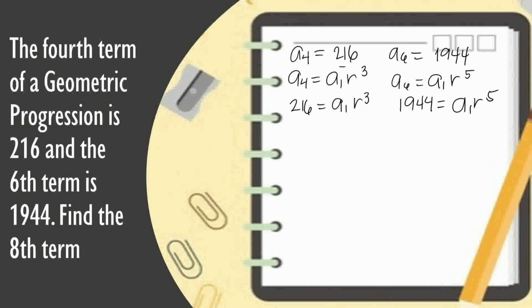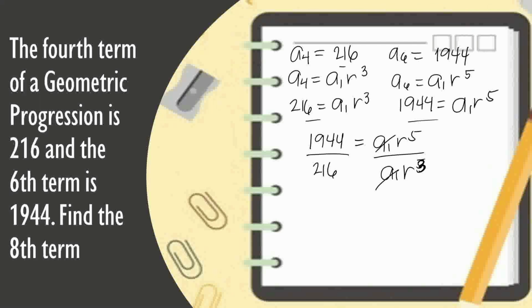And then, since pareho naman silang may a sub 1, so divide lang natin yung dalawang equation na to para mahanap natin yung r. So, magiging 1944 is equal to a sub 1 r raised to 5, and then 216 is equal to a sub 1 r raised to 3.